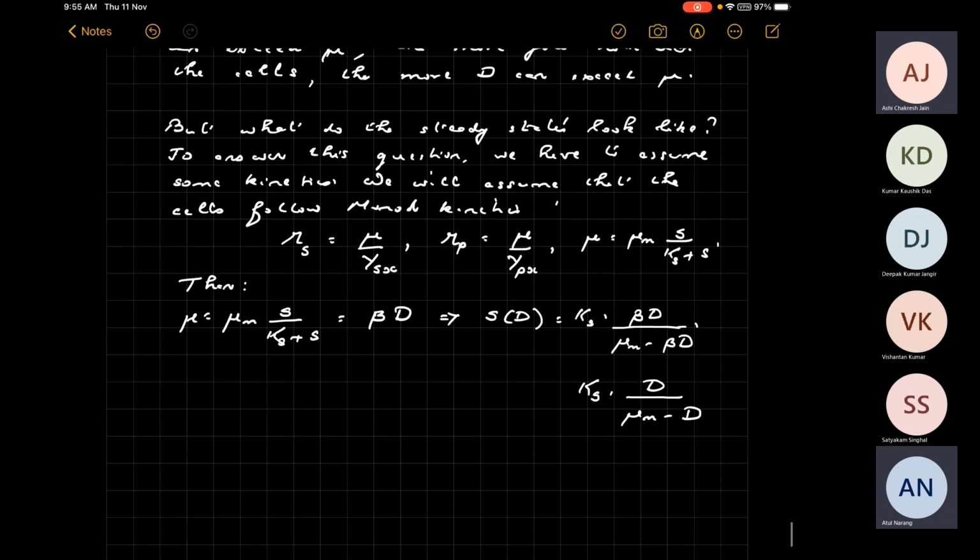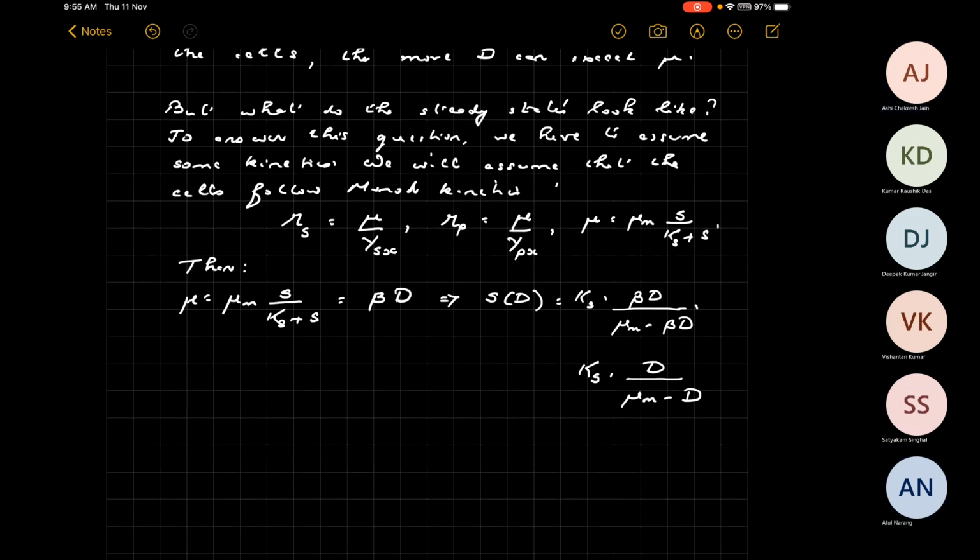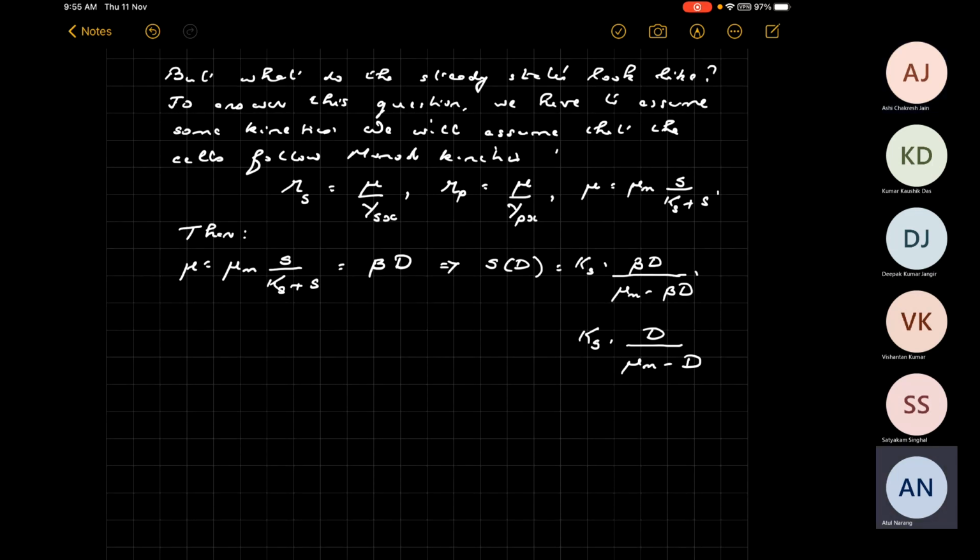So mathematically, let me just show it over here. Just take a look at the function, Ks times D over mu m minus D, which is the substrate concentration in a CSTR.